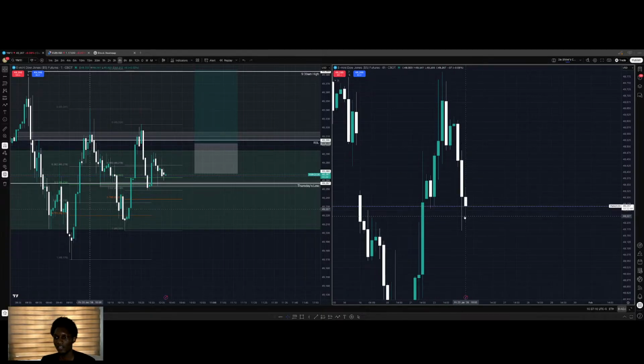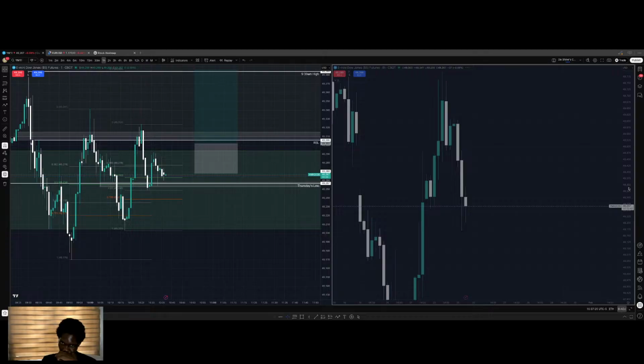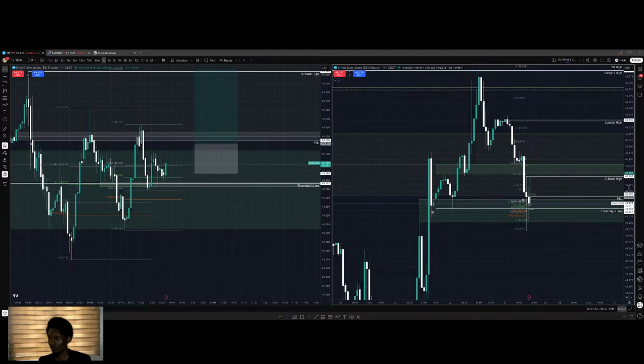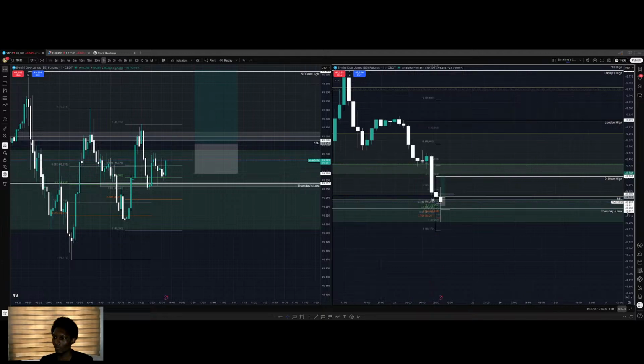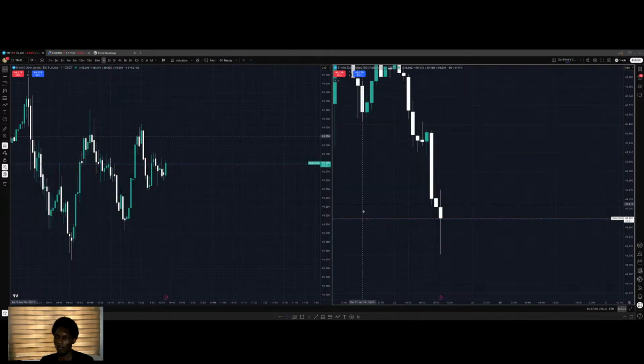Look at where YM is. YM is here. I was buying this candle, right? To target this gap here.